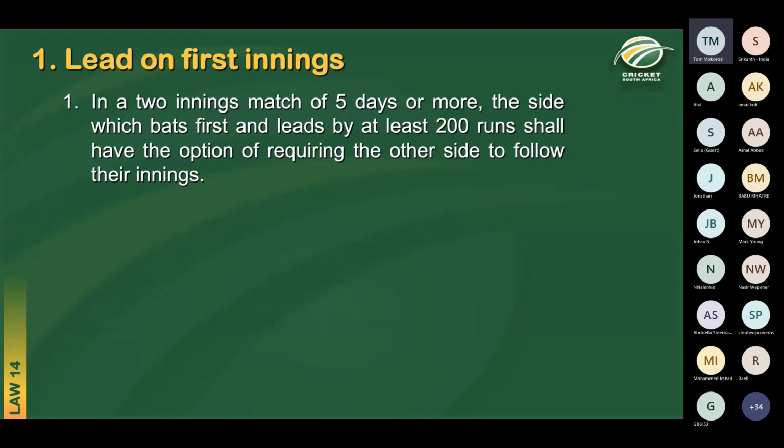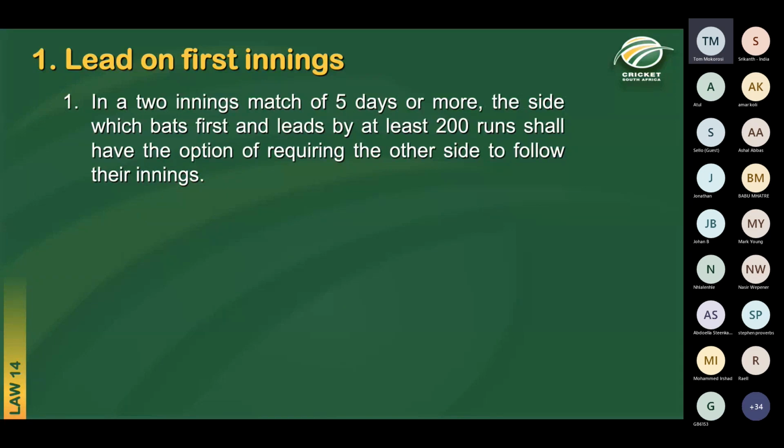So let's give an example. South Africa bat first against Australia in a test match and they score 450. Australia bat second and they, in their first innings, score 250. So the lead there is exactly 200 runs.